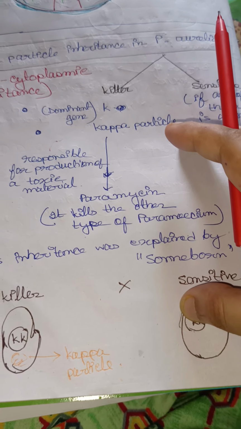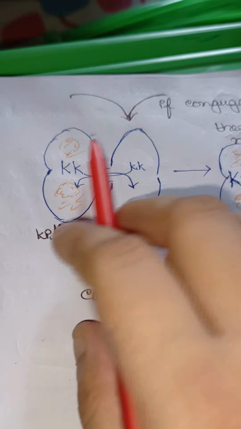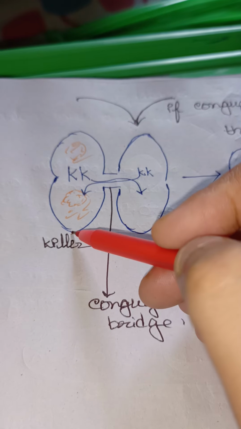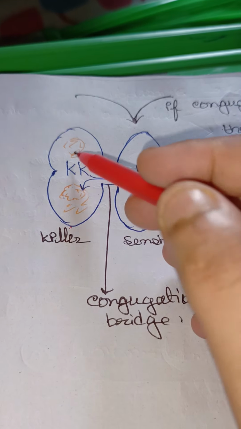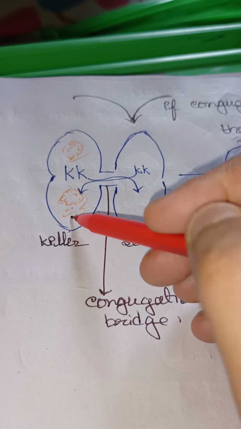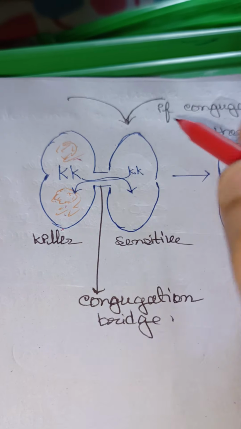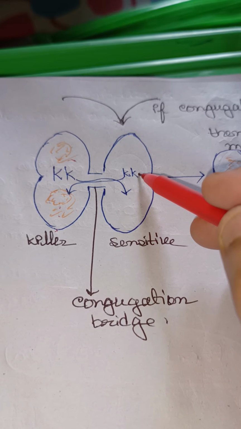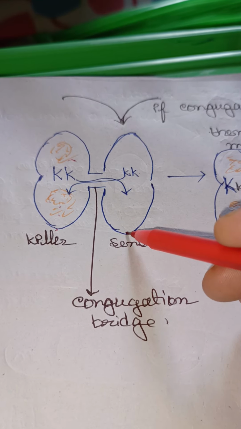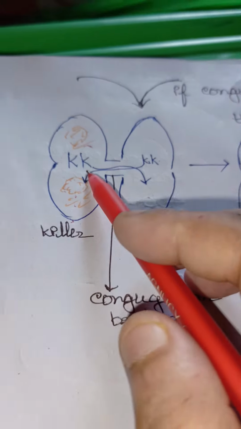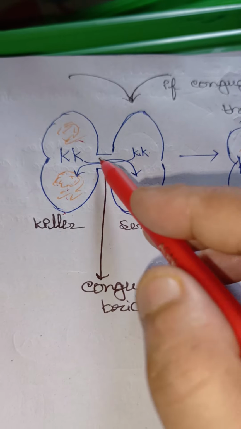In conjugation they will form a bridge. This is the killer strain: in the cytoplasm the kappa particles are present and the big K gene is present. Here small k is the sensitive, and here there is no kappa particle. So when conjugation takes place, they will share their genetic material.